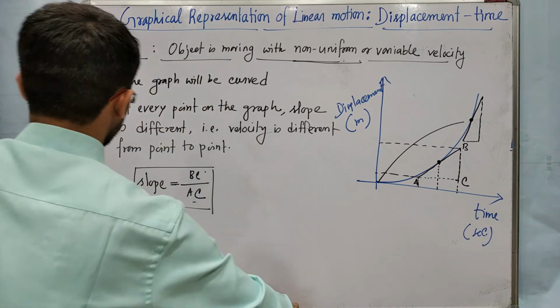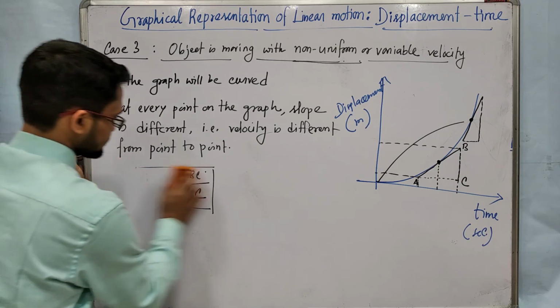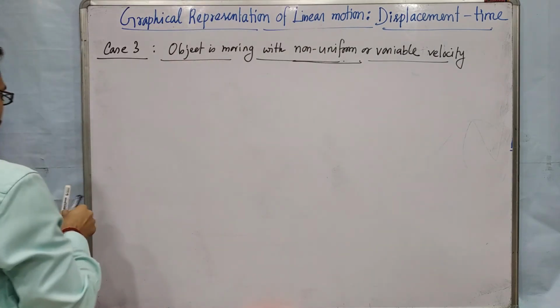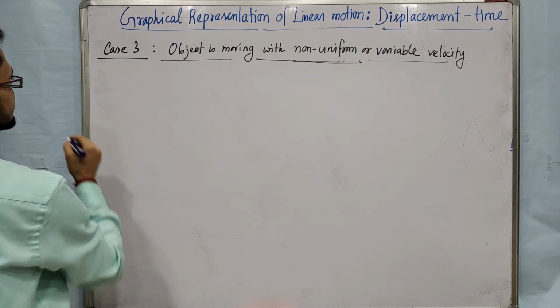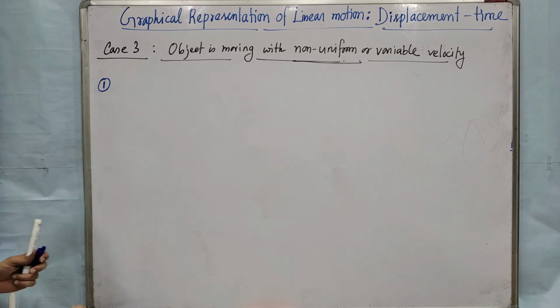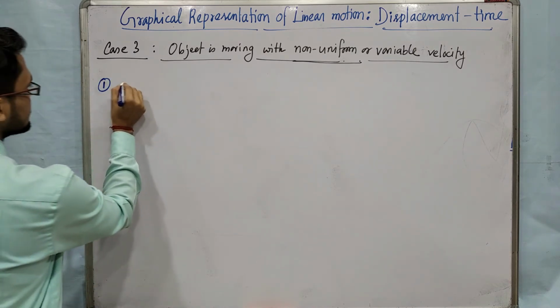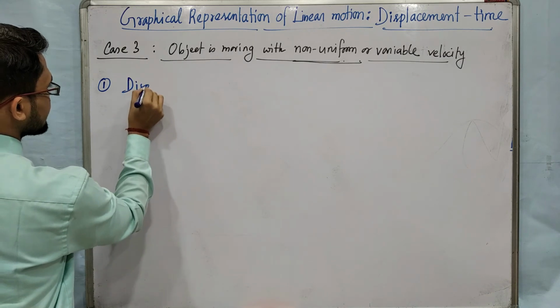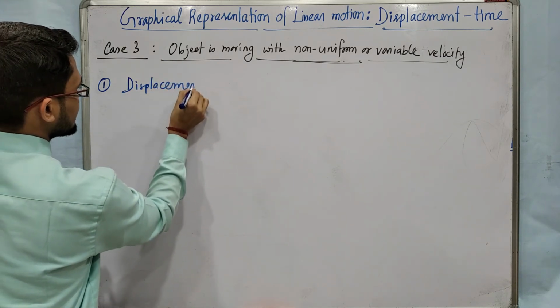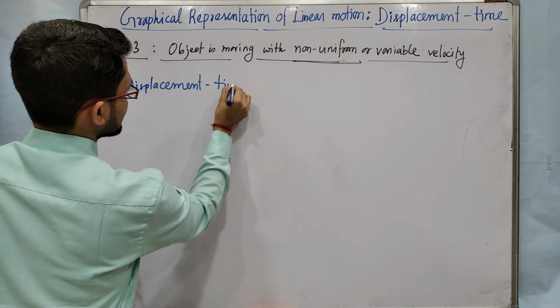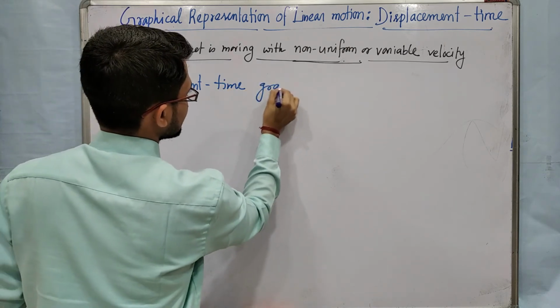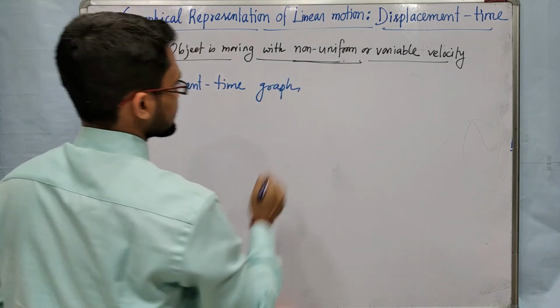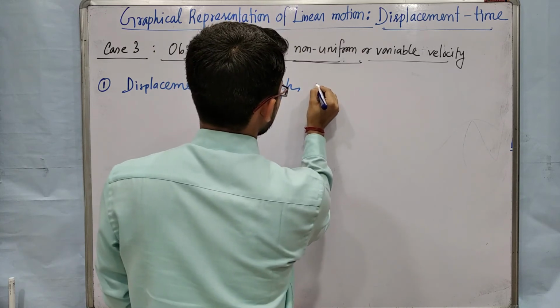Now we come to a conclusion point by point. The first conclusion is that the displacement time graph can be of three types.